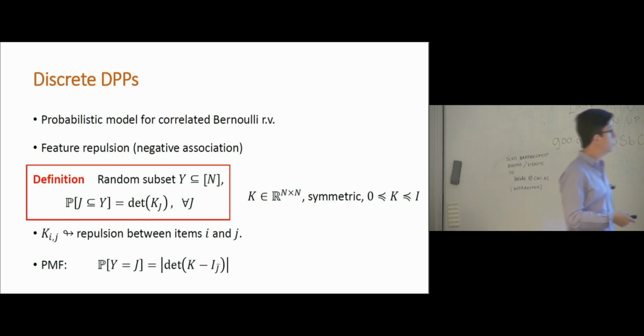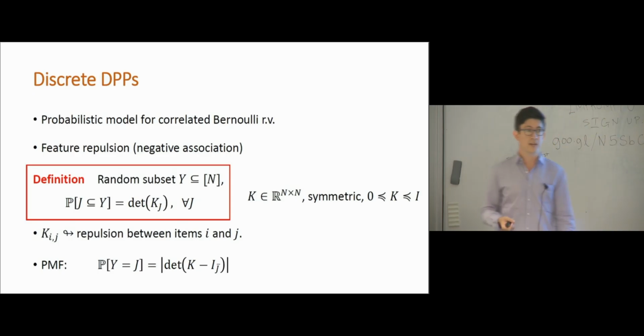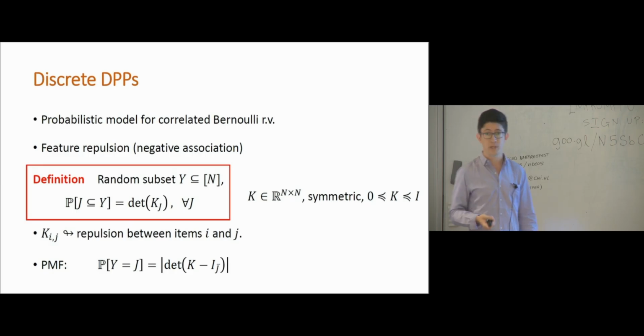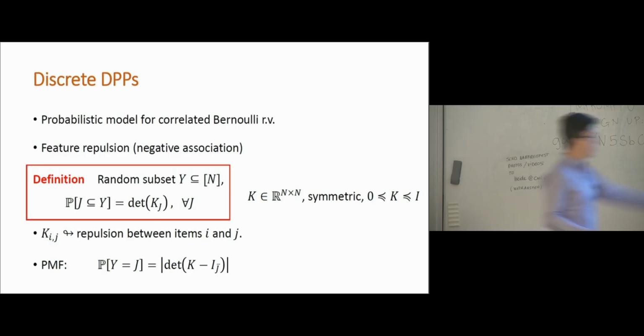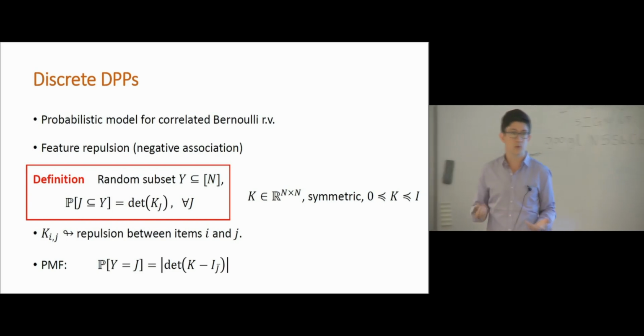So the definition is the following. A discrete DPP is a random subset Y, such that for any fixed given subset J of your finite space, the probability that you see J in your realization is equal to the corresponding subdeterminant of some matrix K. K is a symmetric matrix, and of course you need those subdeterminants to be probabilities, so they have to be between 0 and 1.